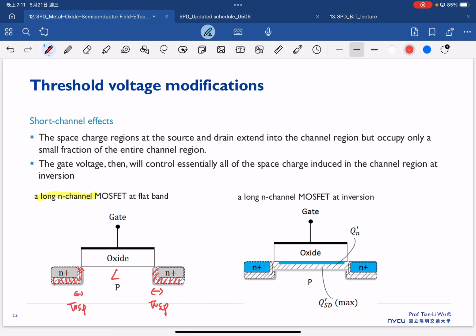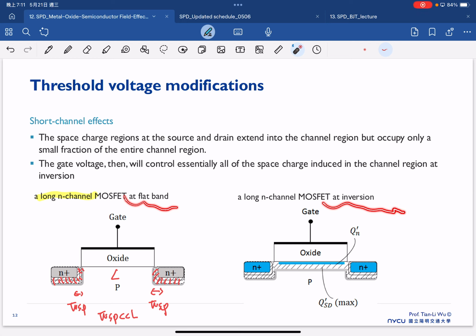Because our channel length is much larger, our WSP is much smaller than L, so we don't have any issues.